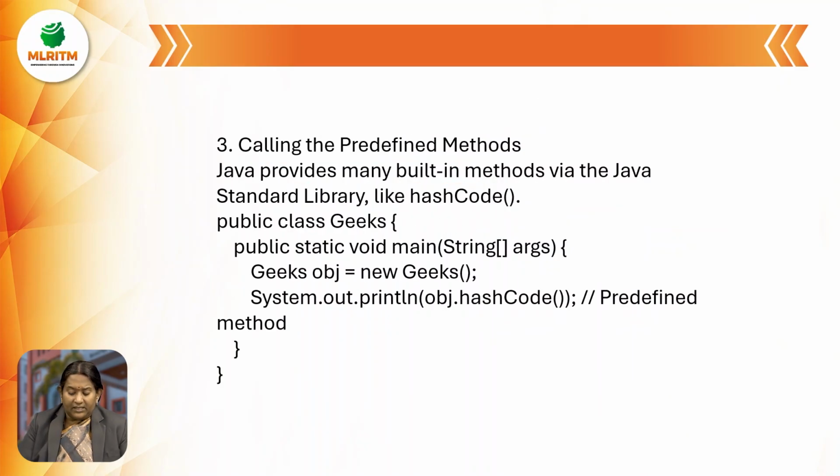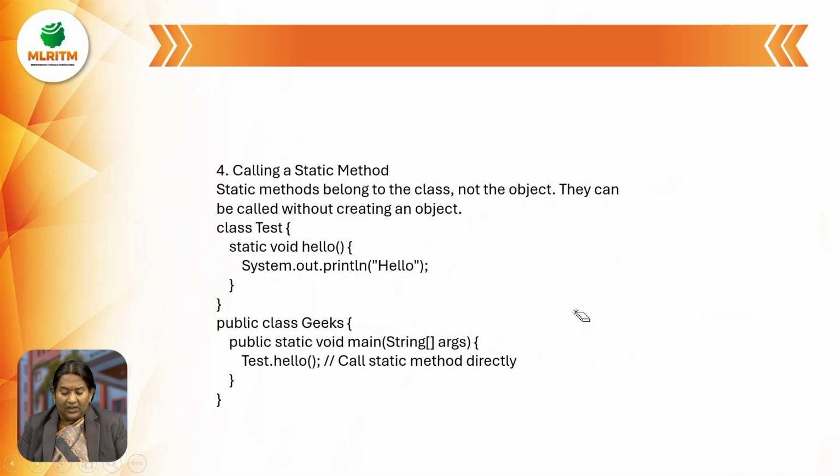Predefined methods we can call directly by importing the library functions. So hashCode is a predefined method and we are calling this predefined method directly in the program. Calling a static method. So static hello: here we have created one more class, Test, and void hello, with void meaning it does not return any value.